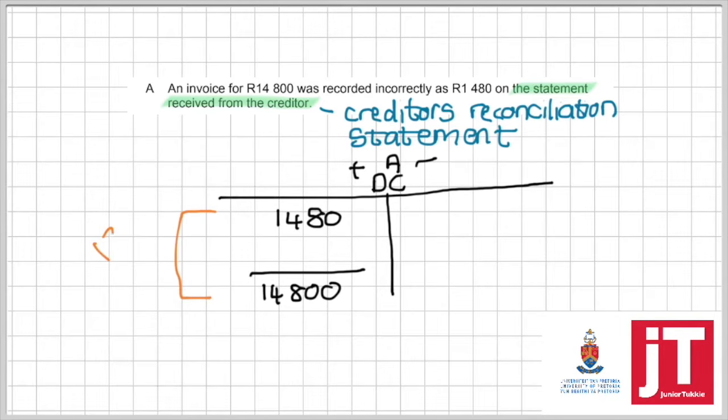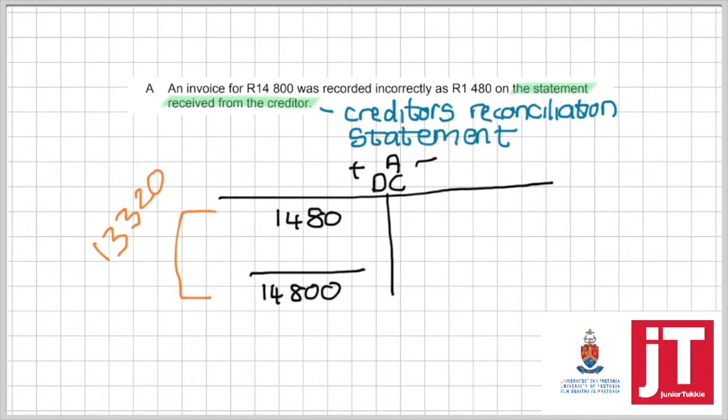So step number 1 is calculate the difference, which is $13,320. Step number 2 is find out where I need to add that $13,320. The easiest is by looking at this T account. The debit side must be equal to the credit side.